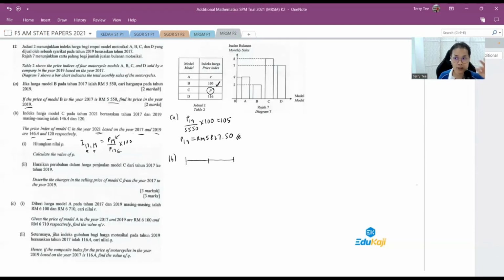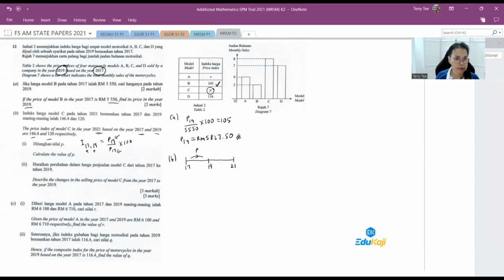Since we have 3 years involved, my first year is 2017, second year 2019, the third year is 2021. P will be the price index of 19 based on 17. That means this is your P.